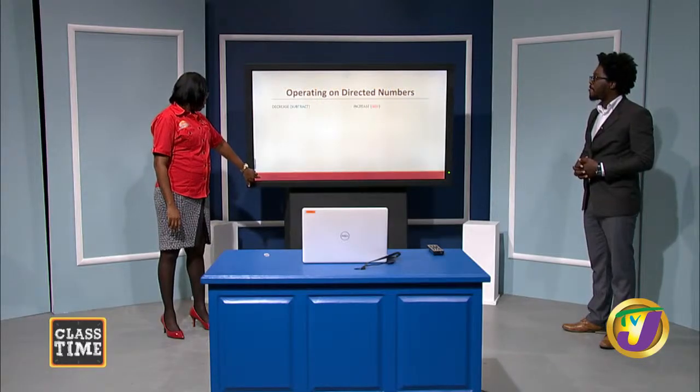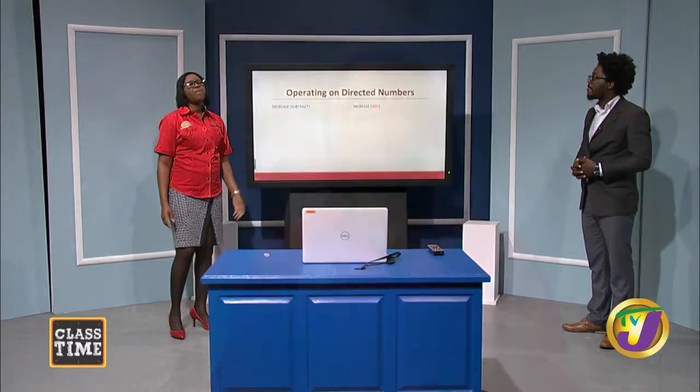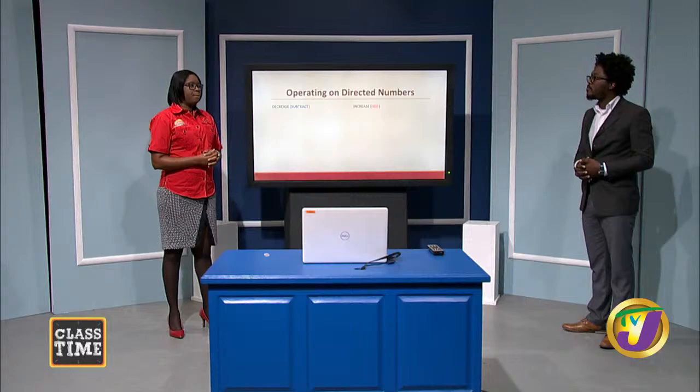Now, when we're operating on directed numbers, let us go back to the scenario between myself and Burrell that involved us lending each other. I'm lending him money. When I loaned Burrell the money, there was a decrease in the amount of money in my purse.